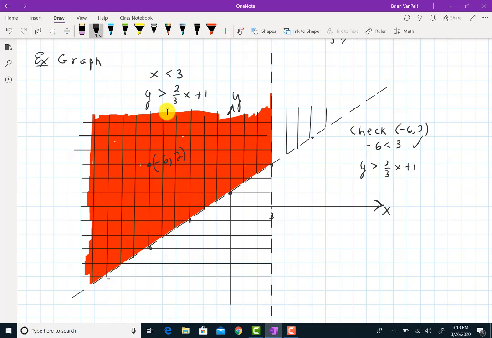So let me put my numbers in there. y would have been 2. 2/3 times -6 plus 1. We get 2 is greater than -4 plus 1, since the -6 and the 3 cancel. 2 is greater than -3. That checks as well. So I feel pretty good about the region that I have shaded.